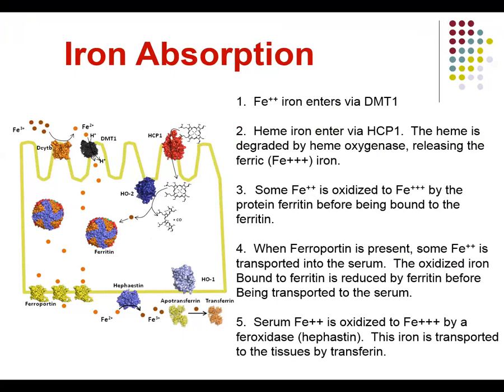Once stored in ferritin, it can be released and reduced again as a single step, where it can exit the cell through ferroportin and then be reoxidized to its ferric state by the protein hephaestin. Ferric iron is bound by apotransferrin where it forms transferrin and transported to the tissues that need the iron.